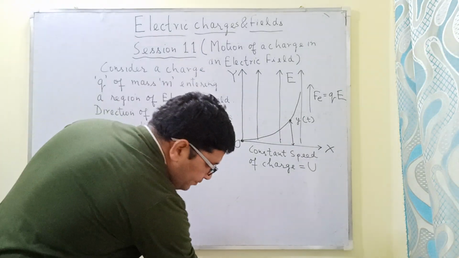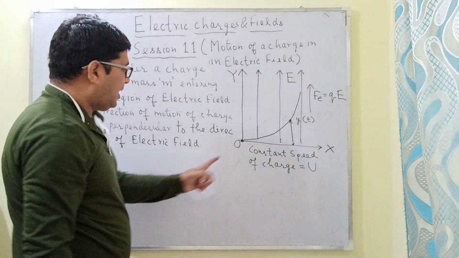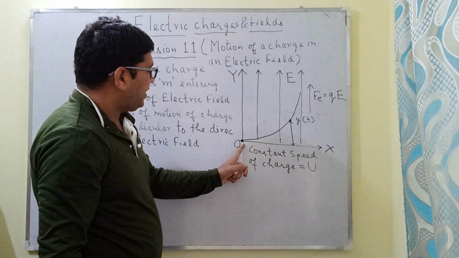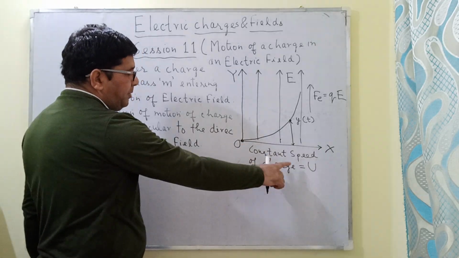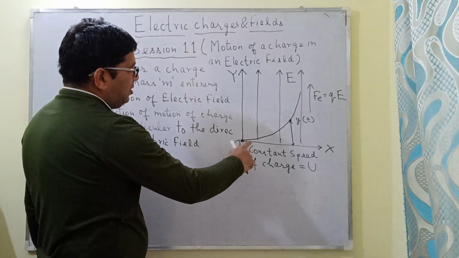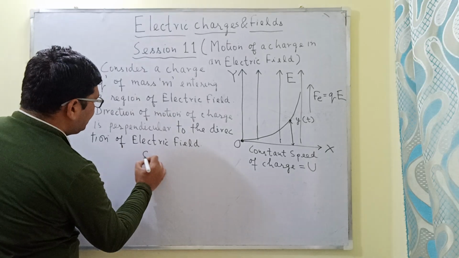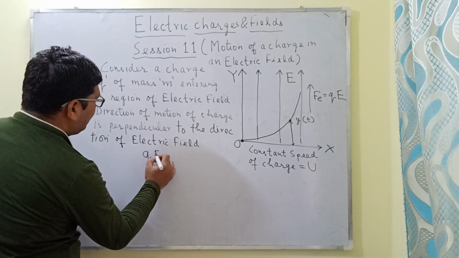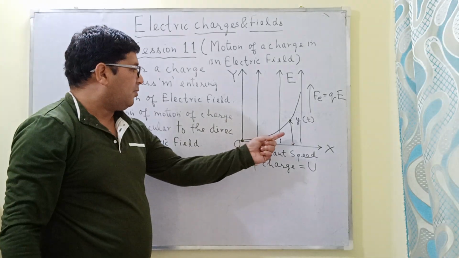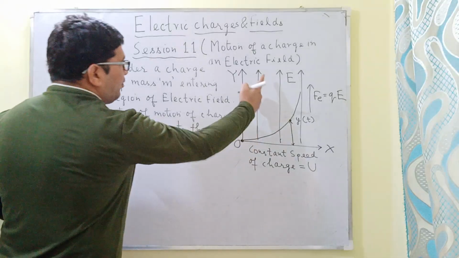In this case, the charge enters this region of electric field at this point O with a constant speed of u along the x-axis. So when it enters this region of electric field, it will experience an electrostatic force given by Q into E, and this electrostatic force will generate some acceleration in the charge in the upward direction.